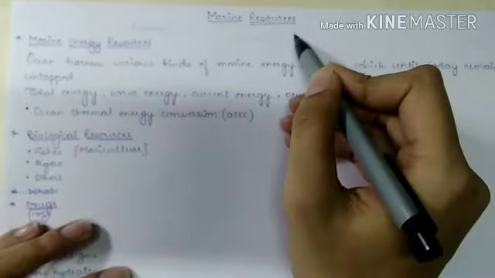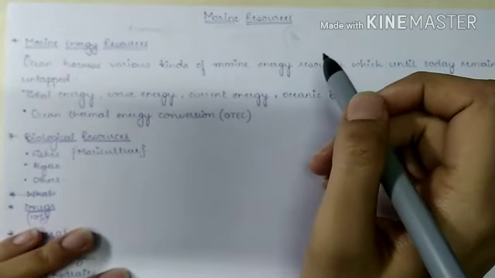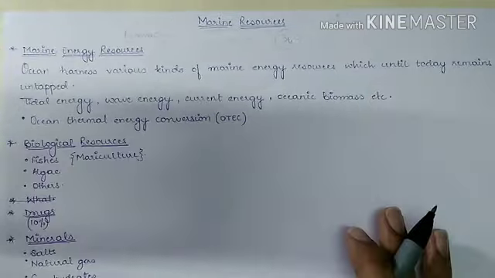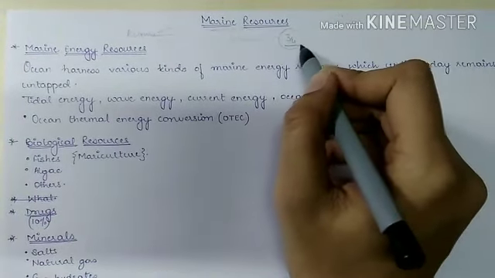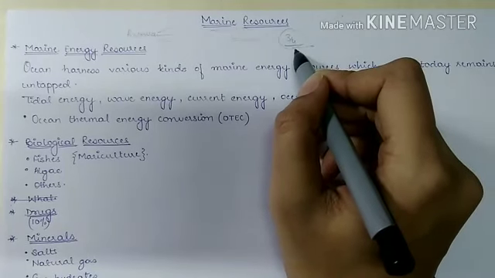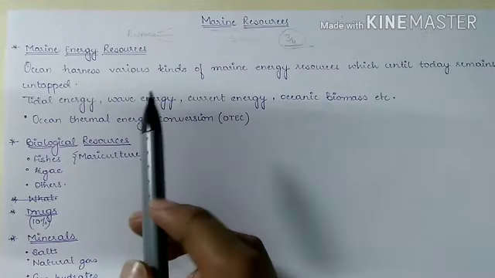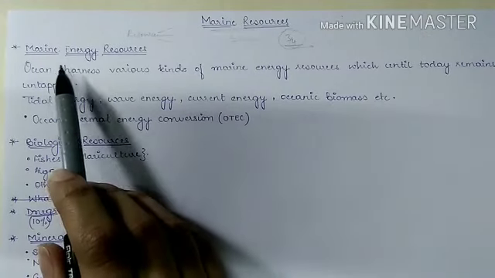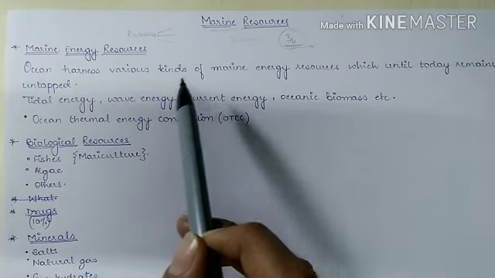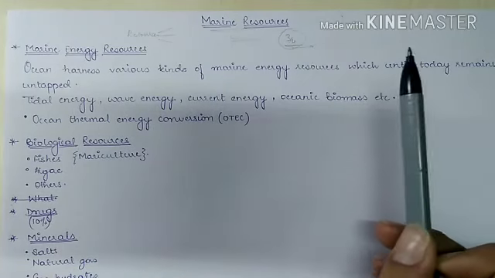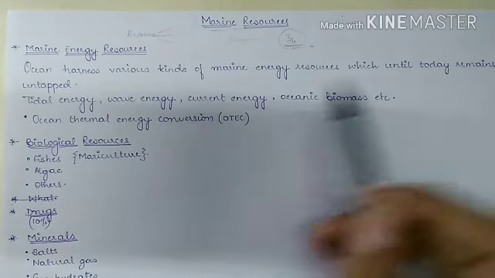Three-fourths of the whole earth comprises ocean, and the ocean contains a huge amount of unexplored resources. Okay. And it is a vast energy source. Now, talking about marine energy sources, we know that the ocean has various kinds of marine energy resources which remain unutilized until now.